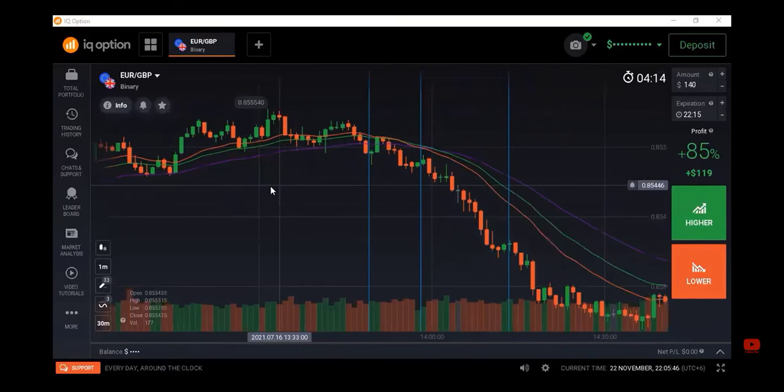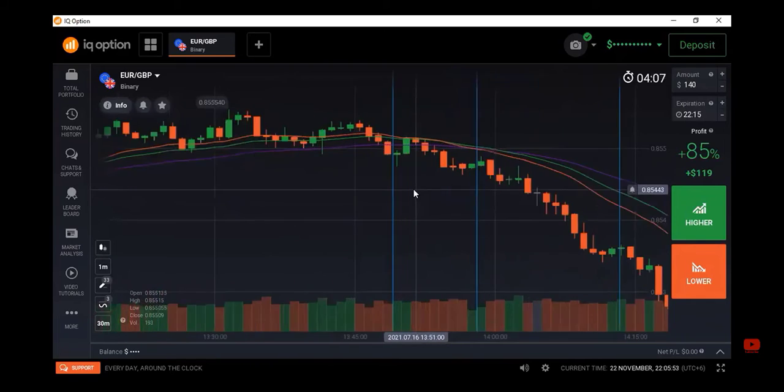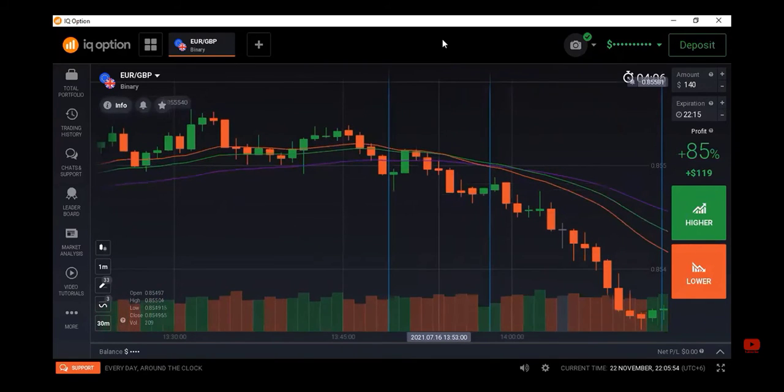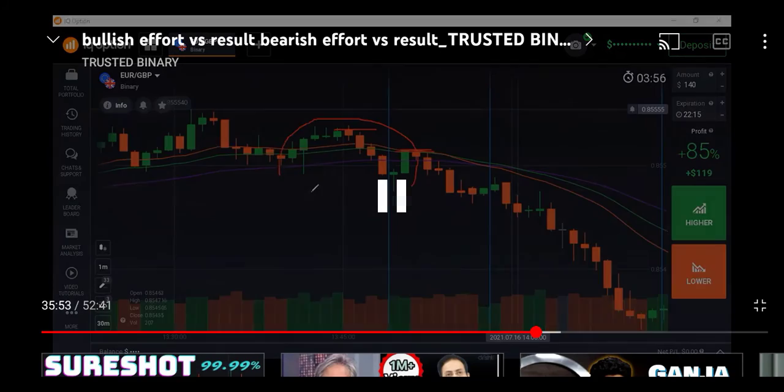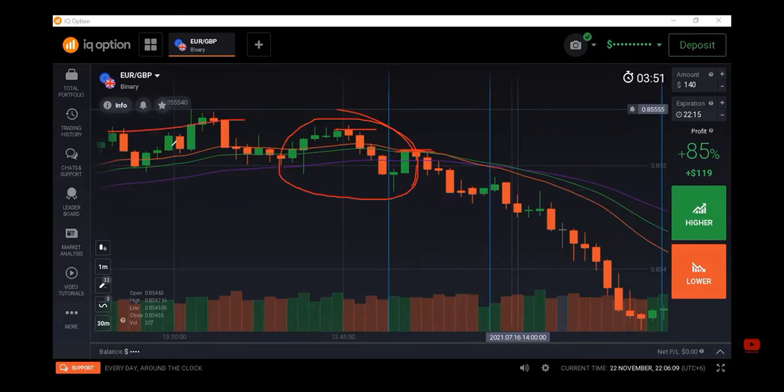Okay, see here. This is a sideways type market, a ranging type situation here. And if we analyze this situation, it's looking like a chart pattern. Previously the market was sideways, that means a ranging situation, and finally the market created a chart pattern and finally broke all the EMA lines.